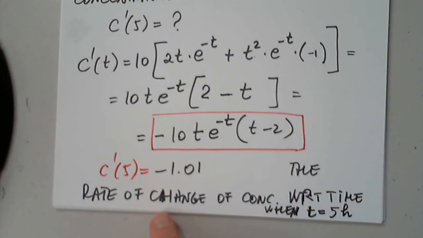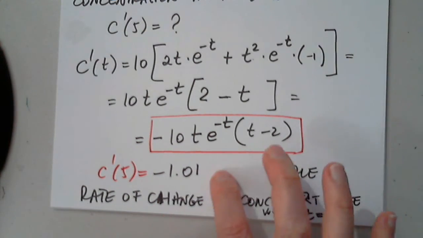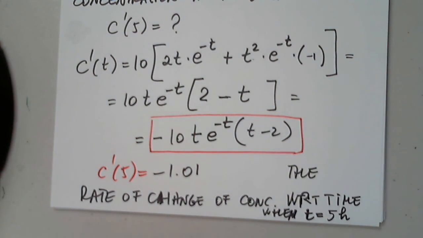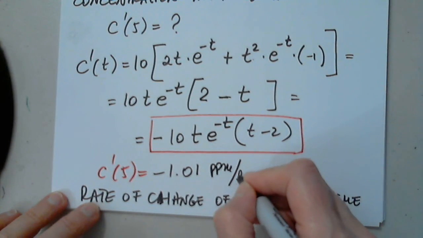This number says that this is the rate of change of concentration with respect to time. And when t is 5, the rate of change is negative, so it's decreasing. But I need the measurement unit. Is it ppm per hour squared or no? Very good. Just per hour.